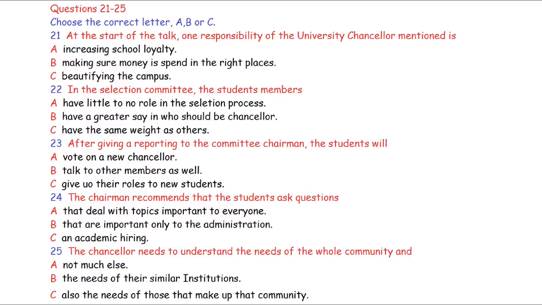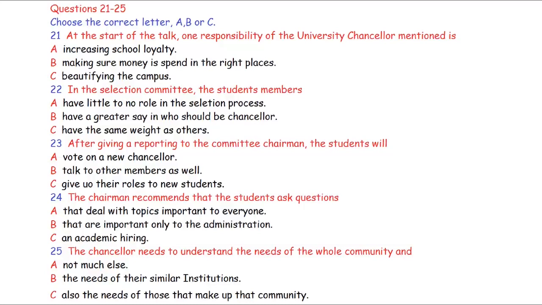To section 3. Section 3. You're going to hear an explanation of how a school chancellor will be chosen. The chairman is explaining the process to 2 students, Sarah and Arnold.